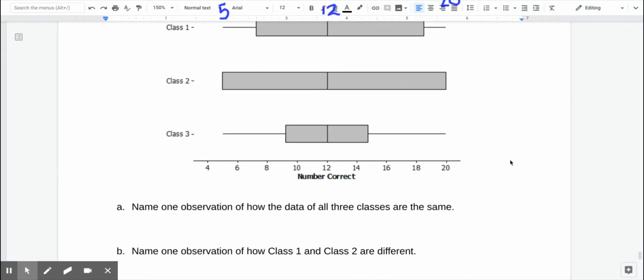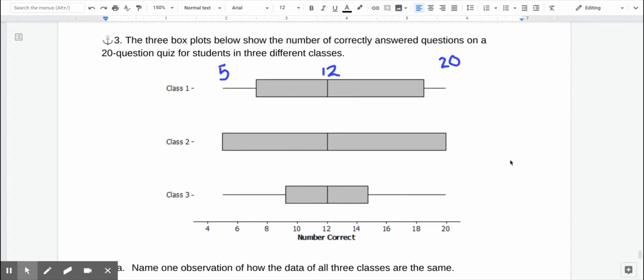So one observation of how class 1 and class 2 are different. In class 1, the middle 50% of the data was somewhere between, it looks like 7 here, and it looks like maybe 19 on this end.